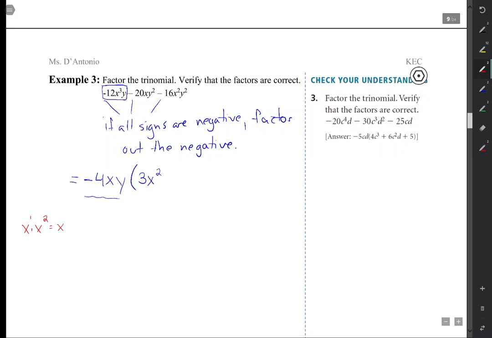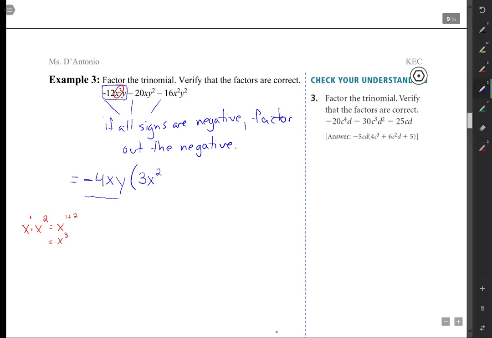So you need to add the exponents. 1 plus 2, which is equal to x to the power of 3. So that's how we get that x times x to the power of 2 is equal to x to the power of 3. And then y times what would give us y? Well, nothing. We don't have to multiply y by anything to get y, so we just leave that as it is. And we move on to the next term.